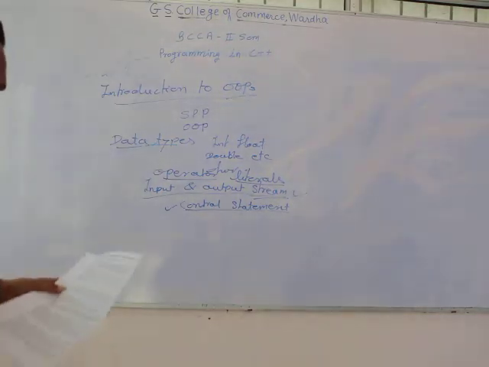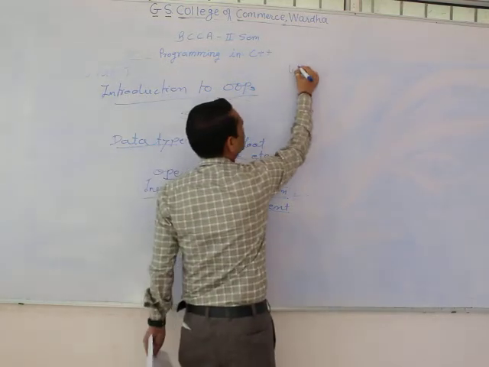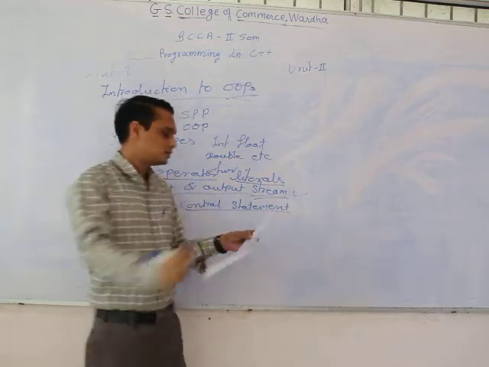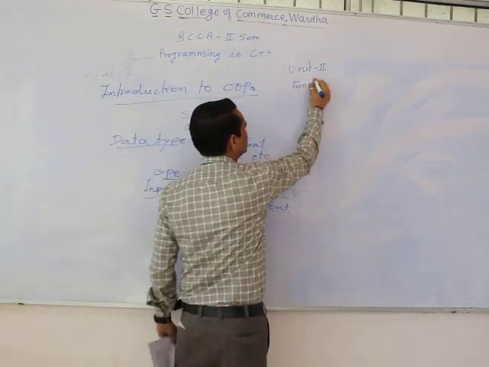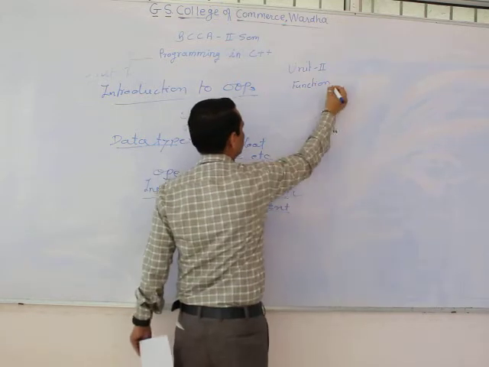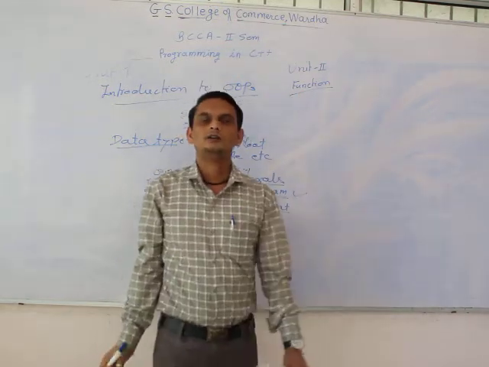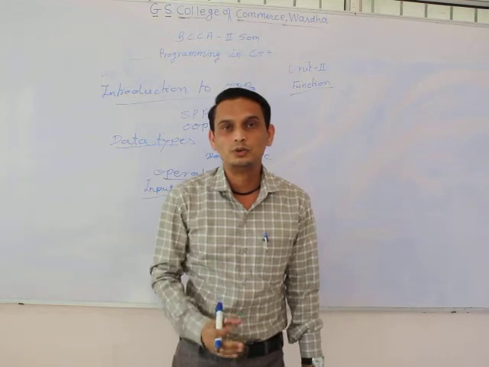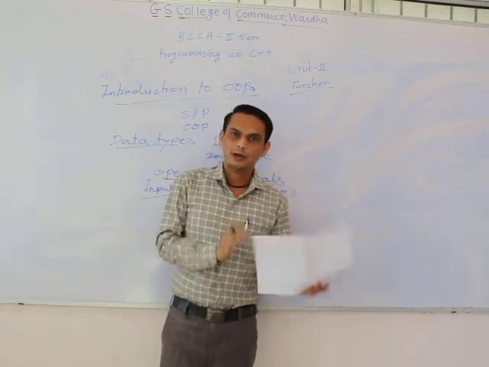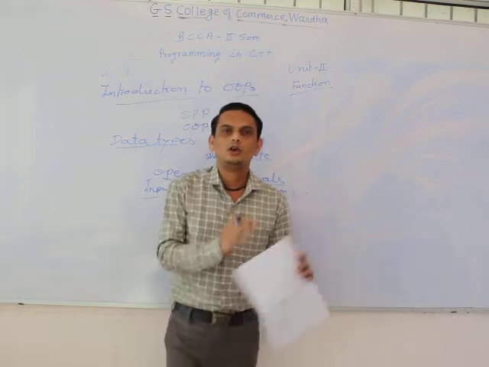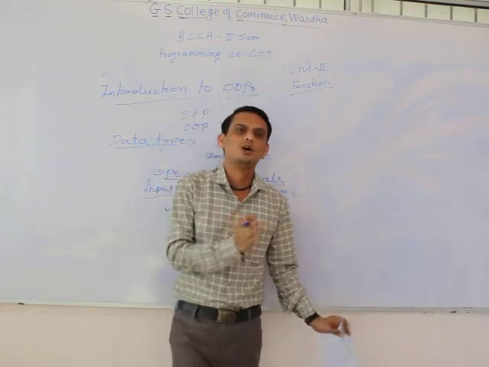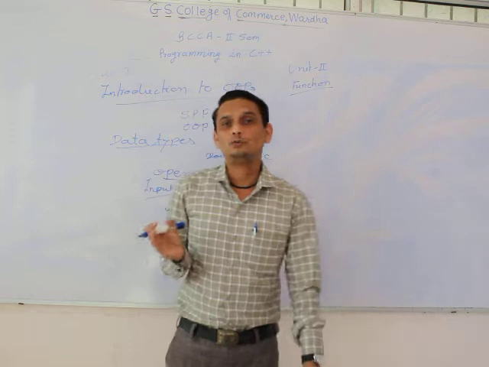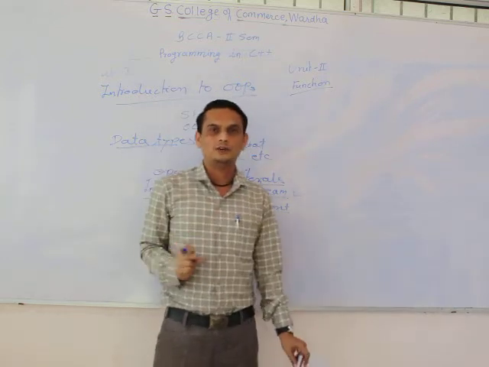In second unit, in unit 2, we discuss functions. So functions are self-contained programs or short programs by which we can convert a long program or a big program into smaller parts, but each should be self-contained, meaning from input to output can be defined in a particular function.